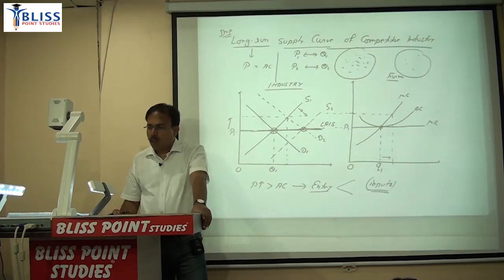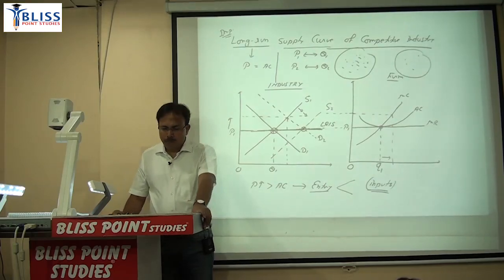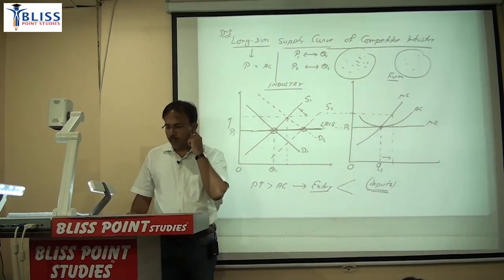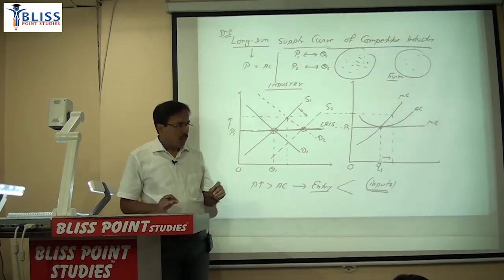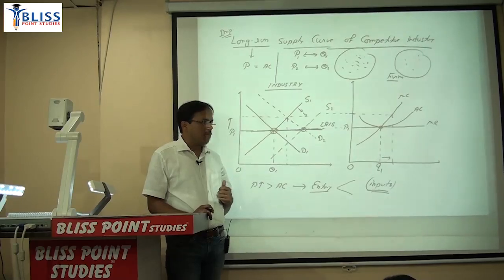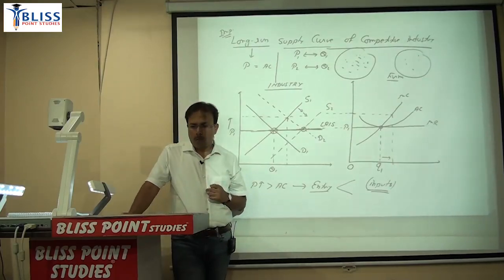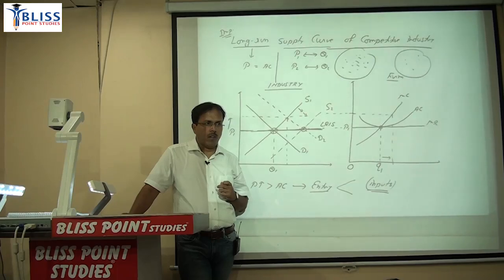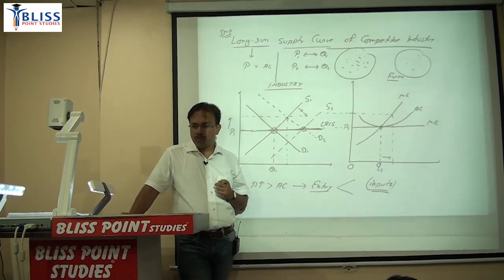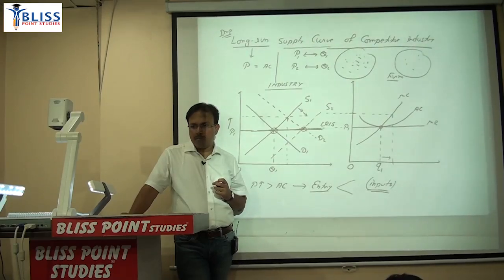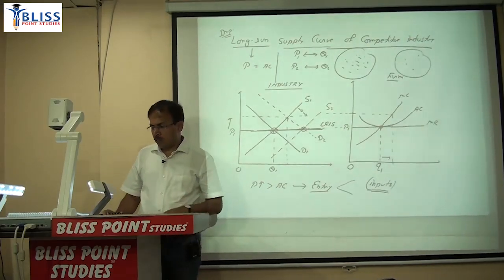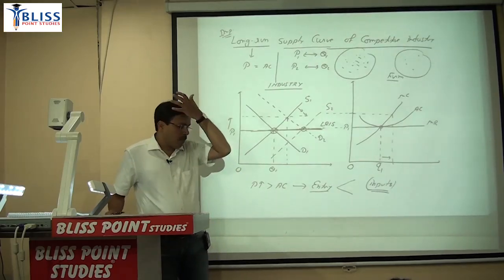Therefore, with entry of new firms, price returns back to the original level, where all firms earn only normal profit, and therefore long run industry supply curve is a horizontal line.